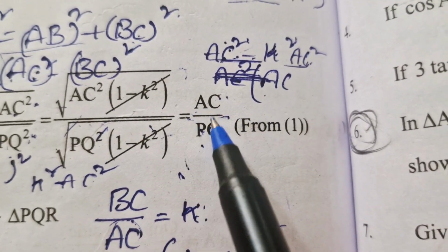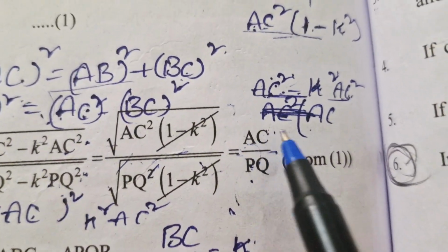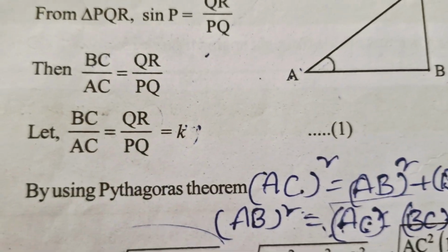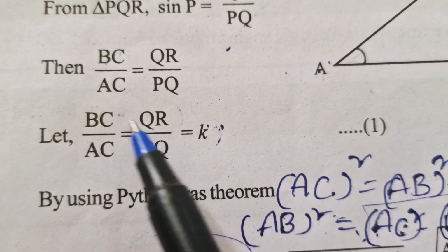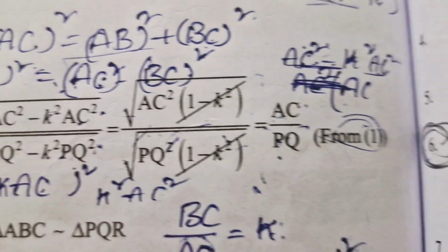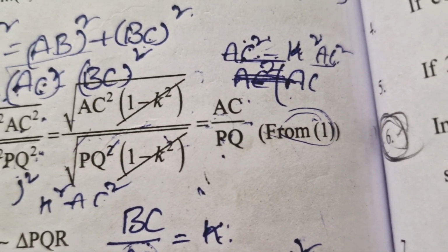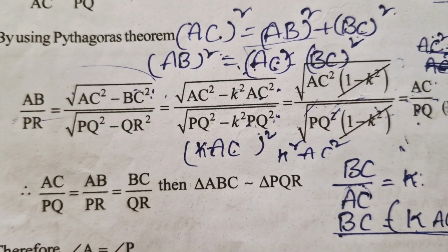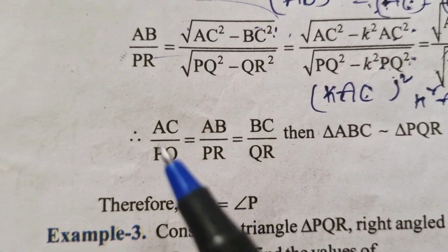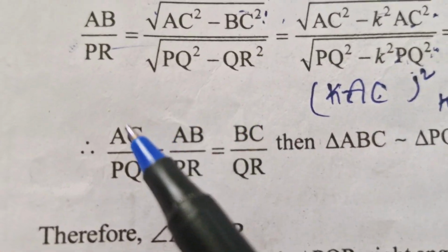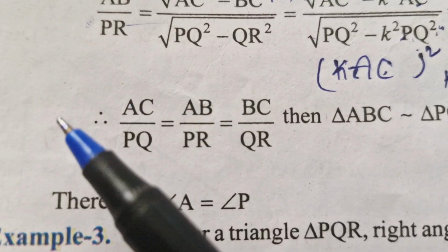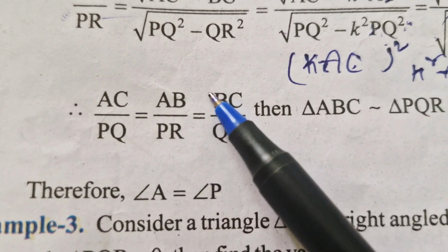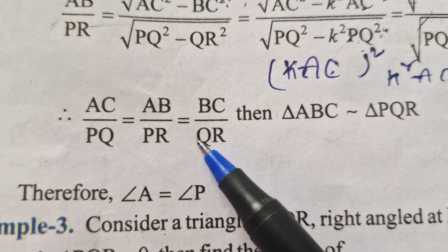We have got this from solving equation 1. What is equation 1? We have assumed this one as equation 1. So AB by PR is equal to AC by PQ. Look here: AC by PQ is equal to AB by PR is equal to BC by QR.